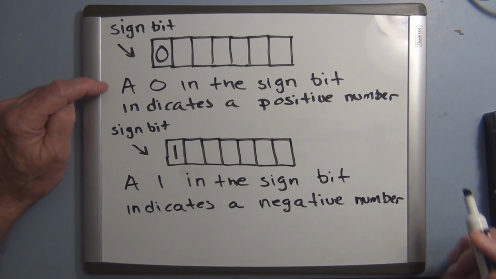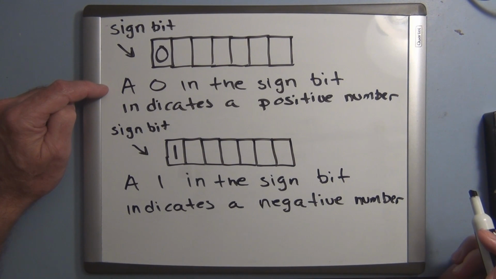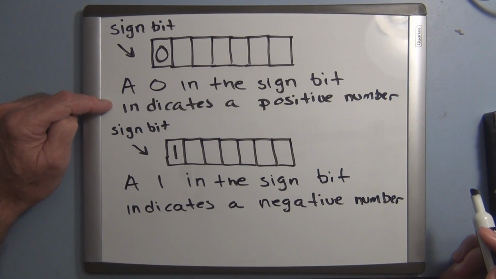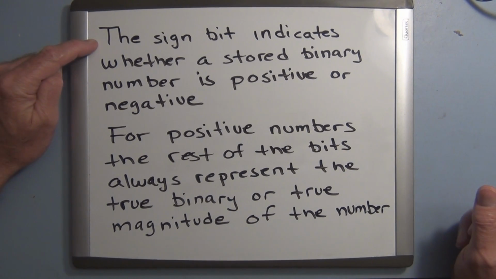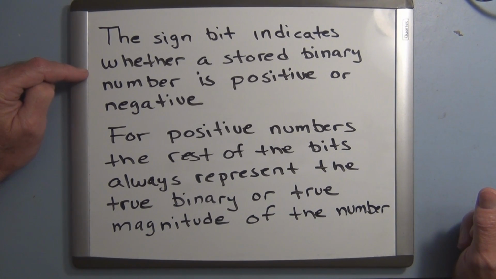So to summarize, a 0 in the sign bit indicates a positive number, and a 1 in the sign bit indicates a negative number. So the sign bit indicates whether a stored binary number is positive or negative.